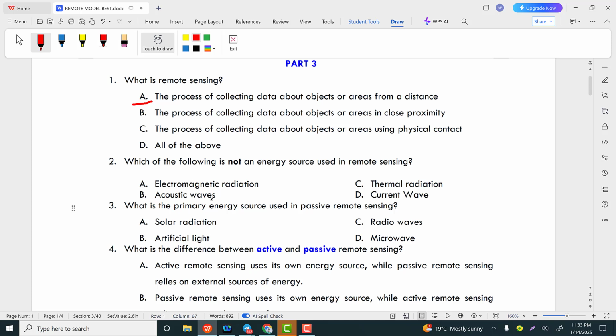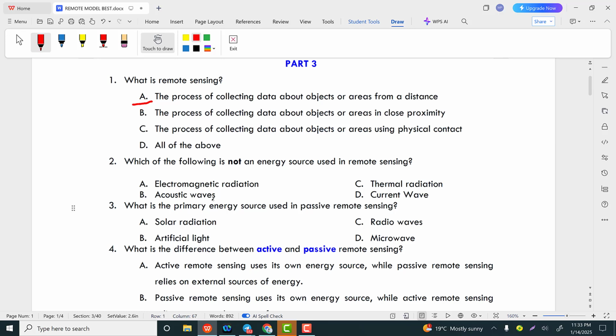B. Acoustic wave or sonar wave is very interesting, and this is also one of the critical elements of energy that is used in remote sensing. Acoustic wave is a sonar wave. It is a sound related wave.